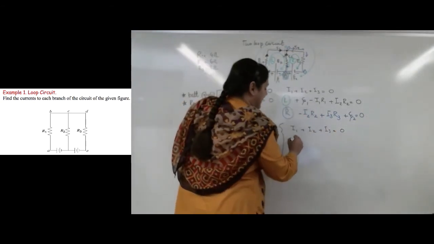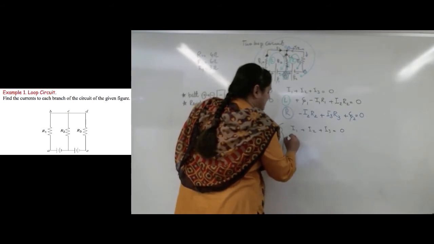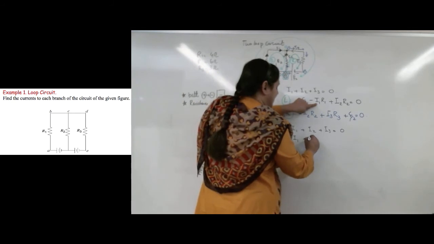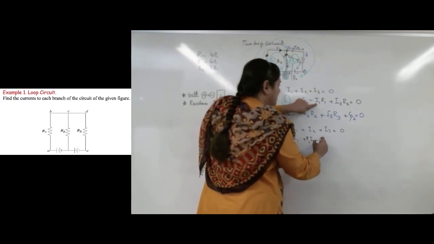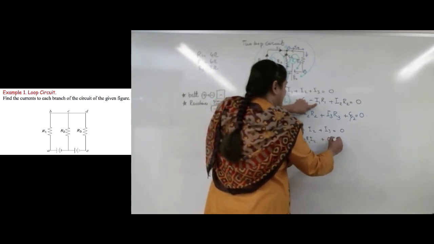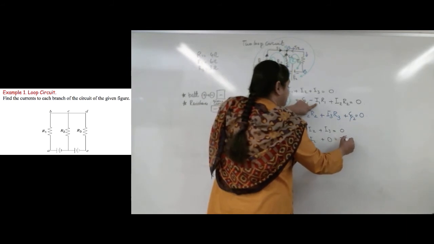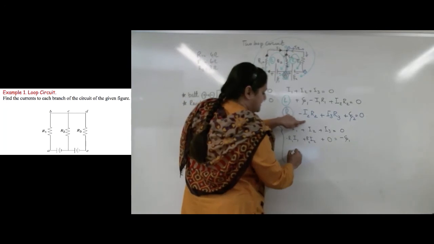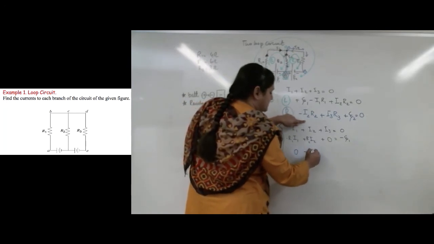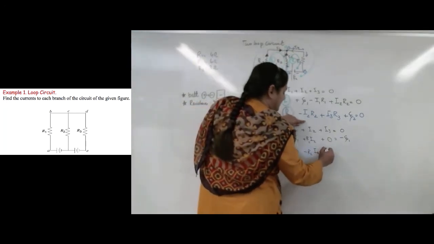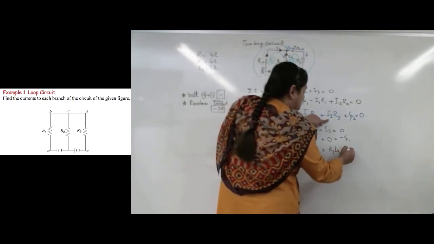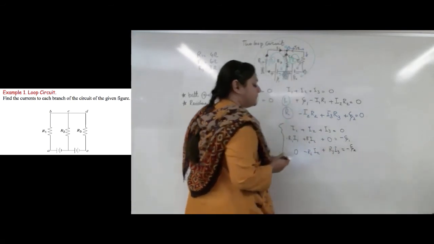Then we are going to have I1 R1 minus plus I2 R2 plus 0 equals minus epsilon naught. I'm just rearranging these. This one will be 0 minus R2I2 plus R3I3 gives me minus epsilon 2.